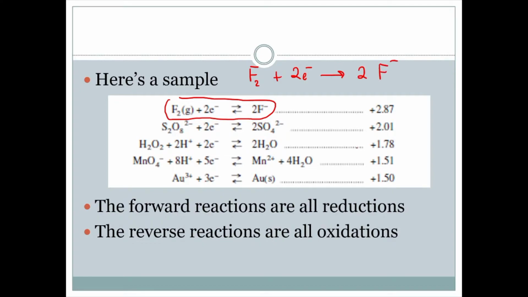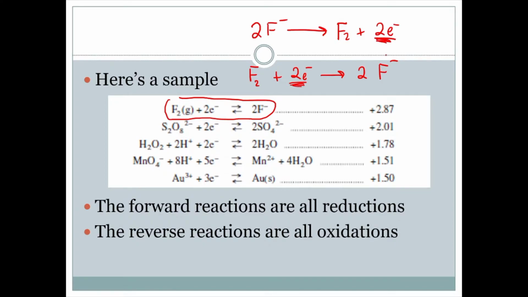This is a reduction reaction, because as you can see, the F2 is gaining electrons. Now the reverse reaction will look like this: 2F minus going to F2 plus 2 electrons. This is an oxidation reaction, because it is losing electrons.